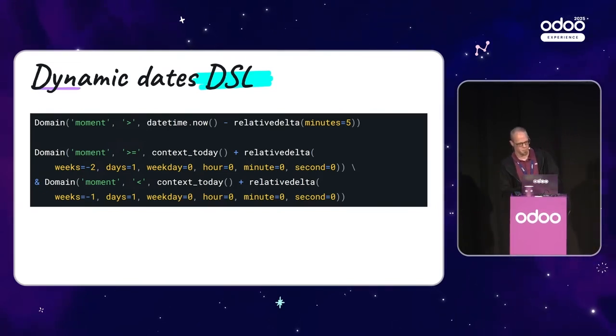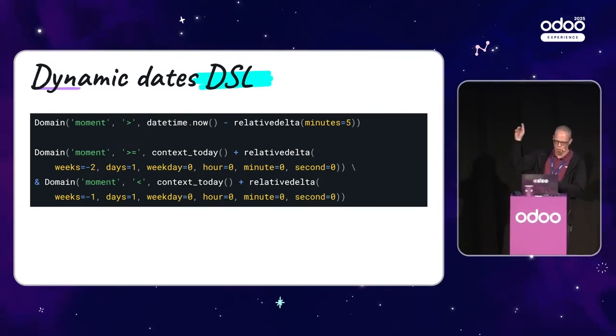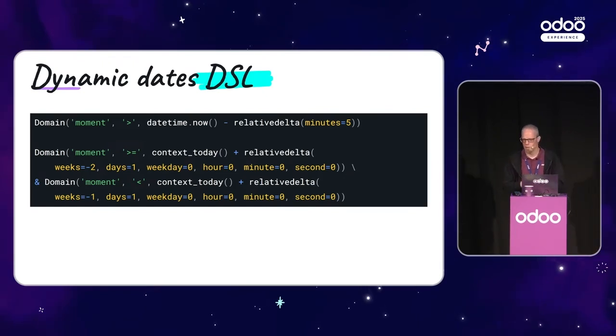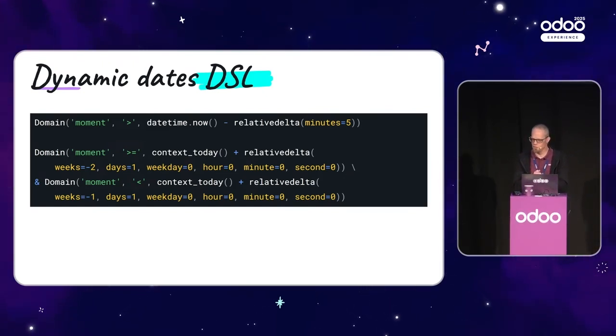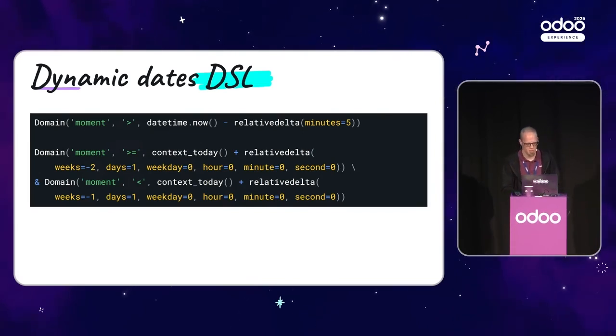And the second one, so that's kind of the chemistry of the relative delta stuff. You can try to figure out that actually it essentially says last week. Moment should be within last week.